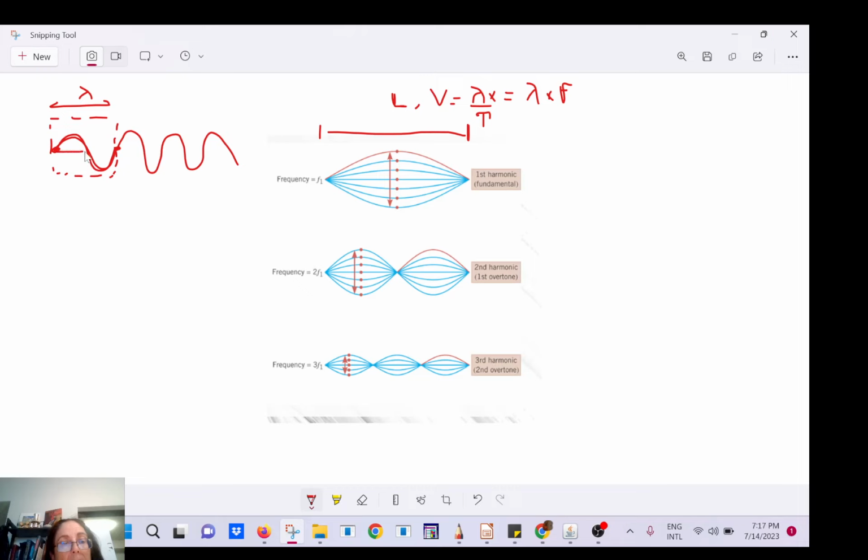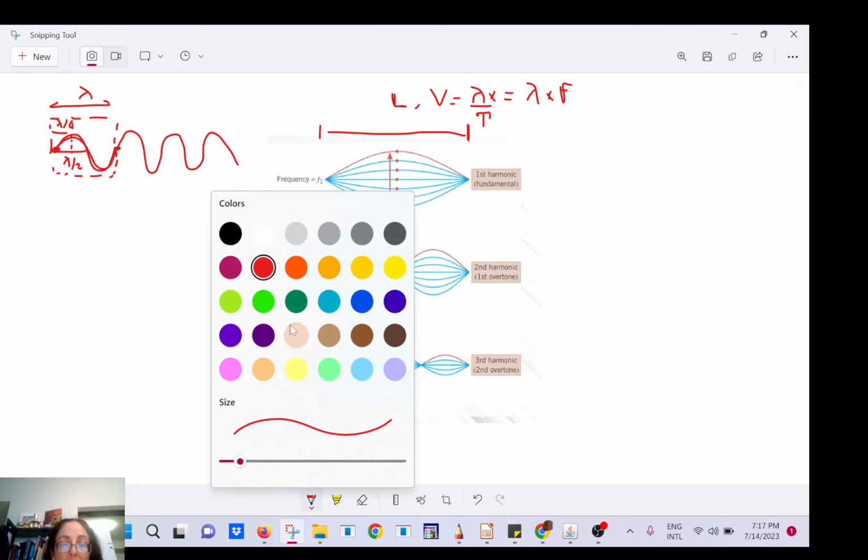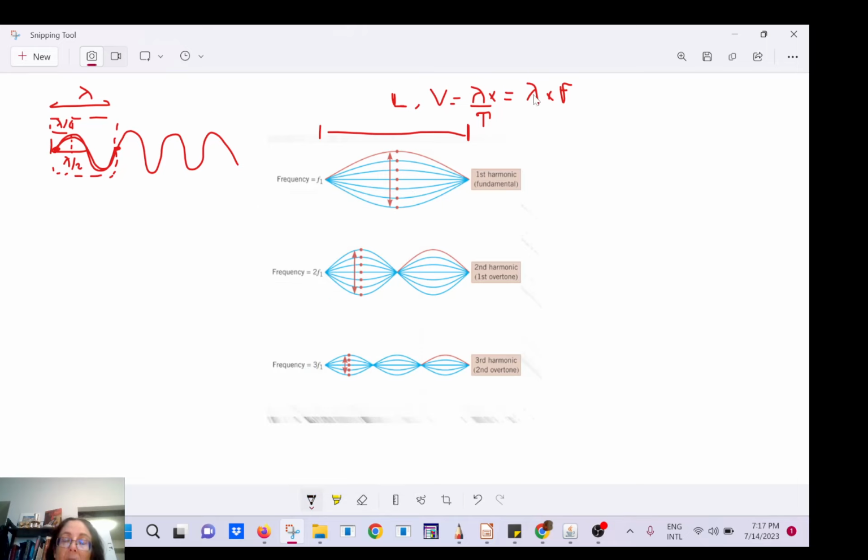This here will be half of the wavelength, and here it's going to be 1/4 of a wavelength. So the speed of the wave is the wavelength times the frequency, which means that the frequency is the speed of the wave divided by the wavelength.